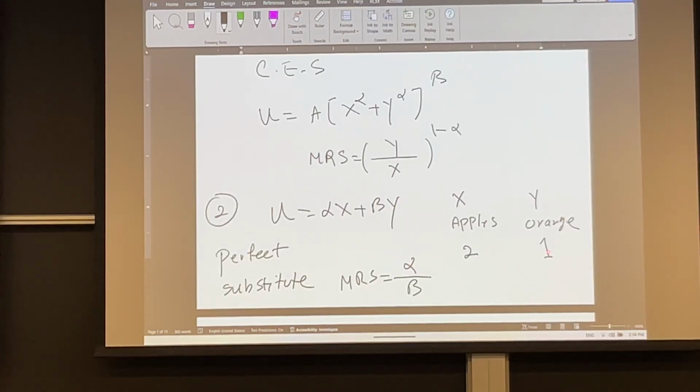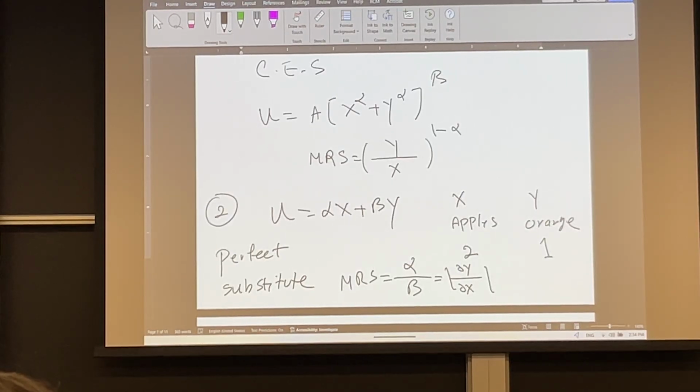Based on the example I'll give you, where the substitution rate is 2 apples for 1 orange, what's alpha over beta? What's the MRS for this individual, knowing that the MRS is the slope of the indifference curve, ignoring the sign? Use this one to figure it out. That's the MRS, the trade-off. Based on the number given, what's the trade-off?